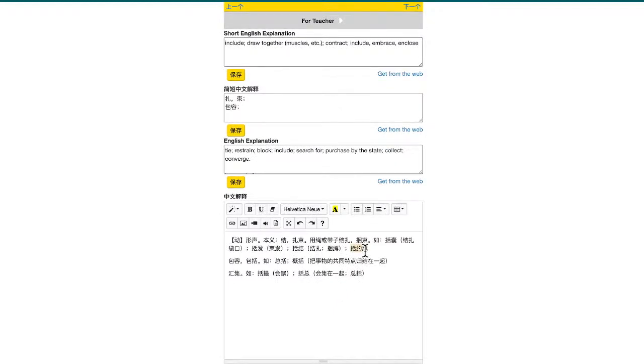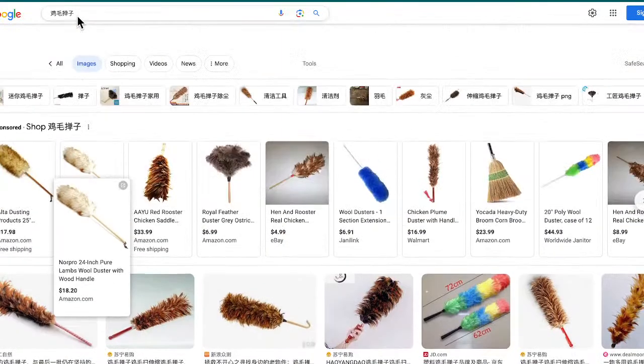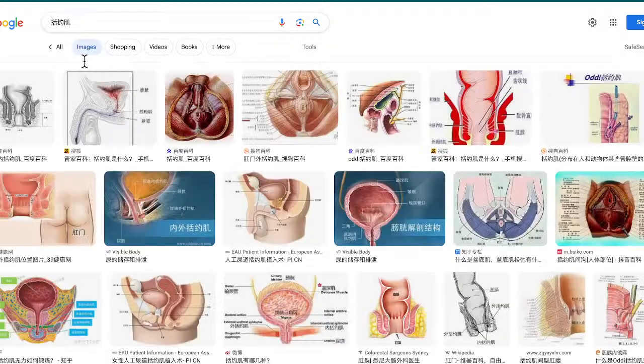Let's take a look at that. There are a lot of places that have those 括约肌.